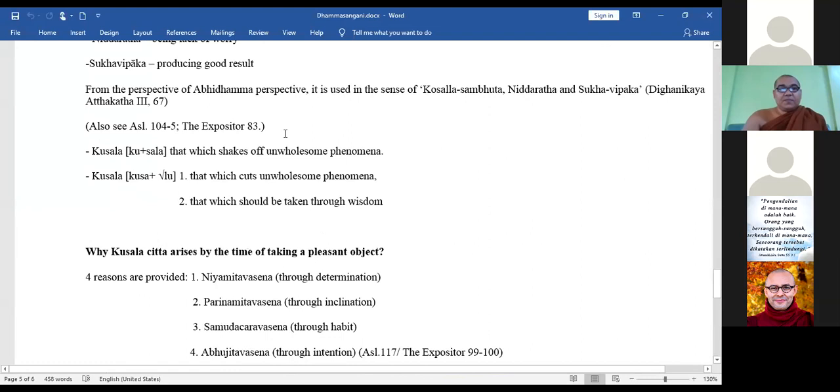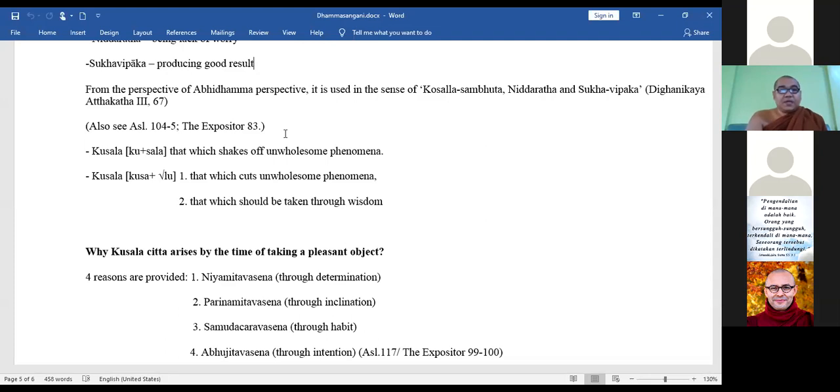Kusa plus lu, that which cuts unwholesome phenomena. Lu means to cut. To cut what? Kusa means unwholesome, something which is disgusting or an evil state.